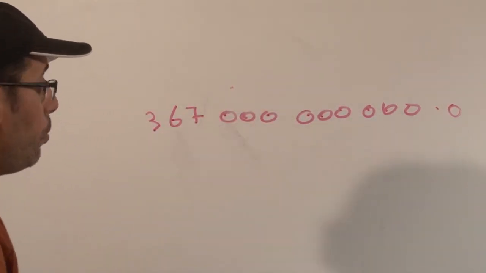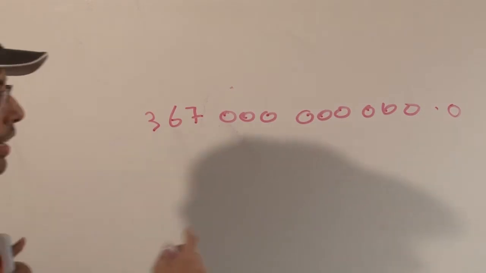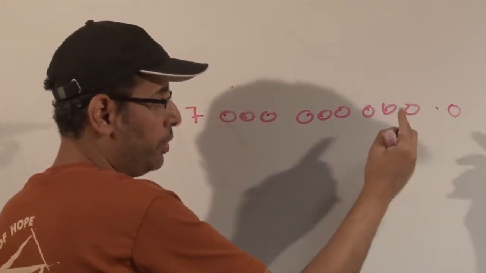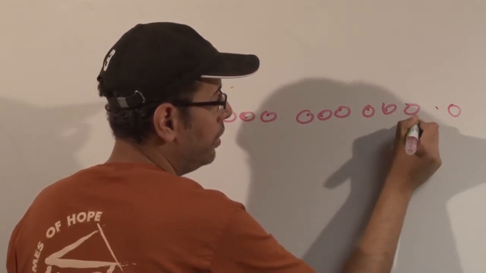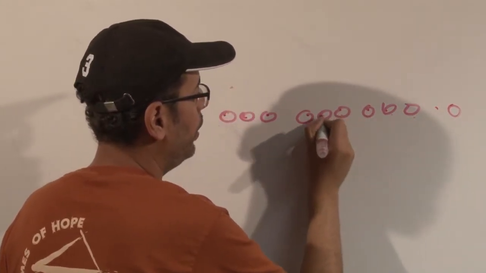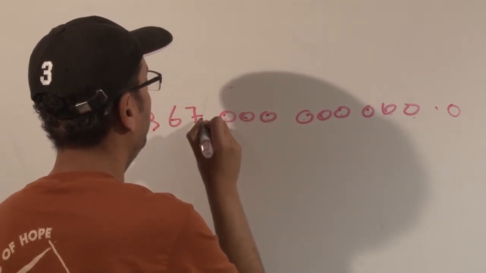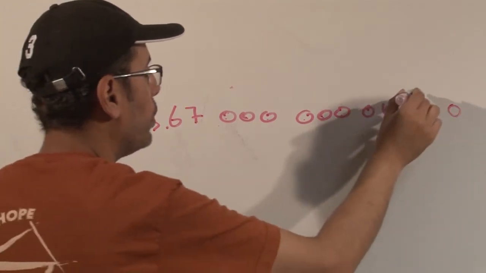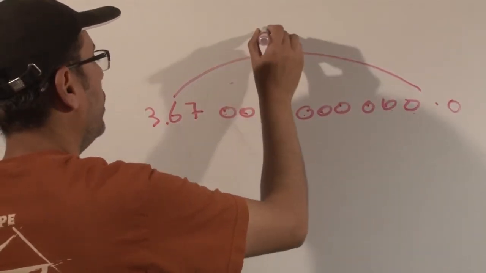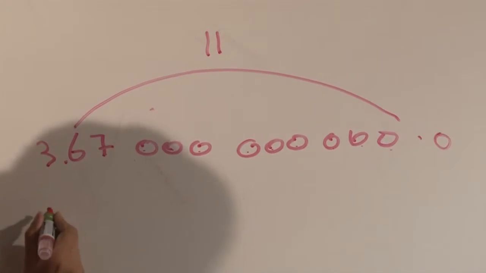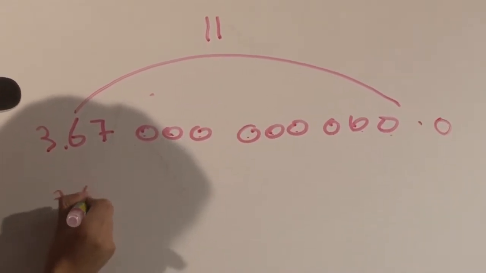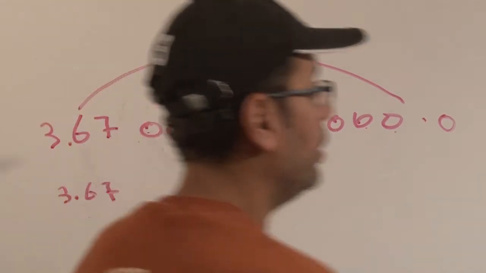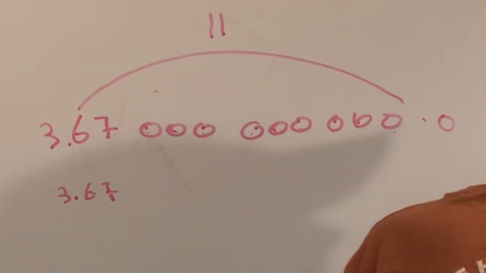While doing that, I'm counting how many places I am moving the decimal. So let's do 1, 2, 3, 4, 5, 6, 7, 8, 9, 10, 11. Boom. So that's 11. So my number is 3.67, and the count I did is 11.